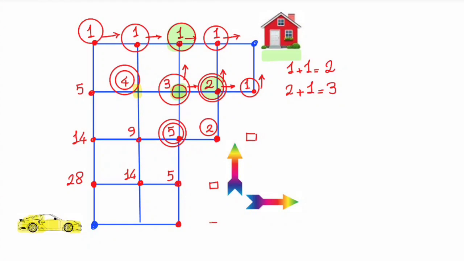This point, again, has no number on the right, so the answer is 5. And this point is 5 plus 14, which is equal to 19. And finally, the answer is 28 plus 19, which is equal to 47. So there exist 47 different ways from this point to the red house.